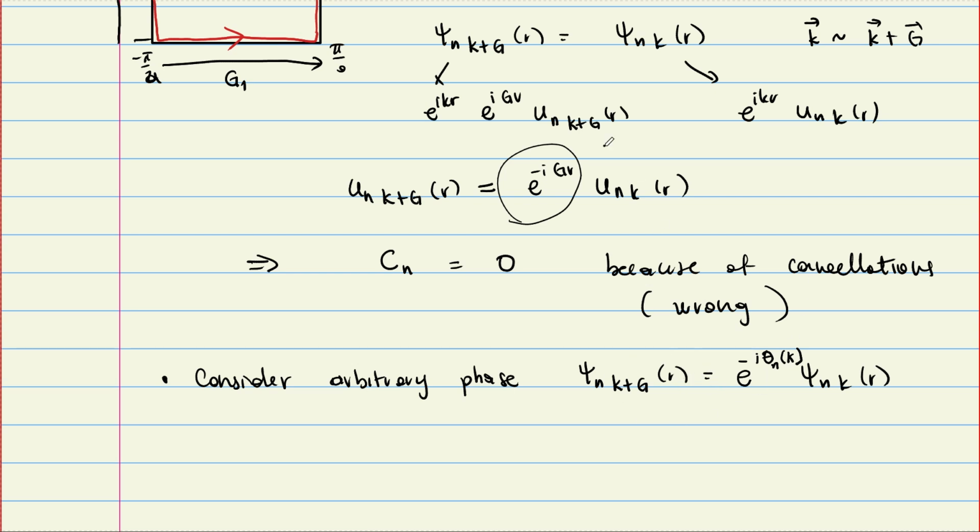If we plug this in here, we are going to find u_{nk+g}(r) is going to be not only this e^{-i g·r} phase, which is this, but also this e^{-iθ_n(k)} u_{nk}(r).